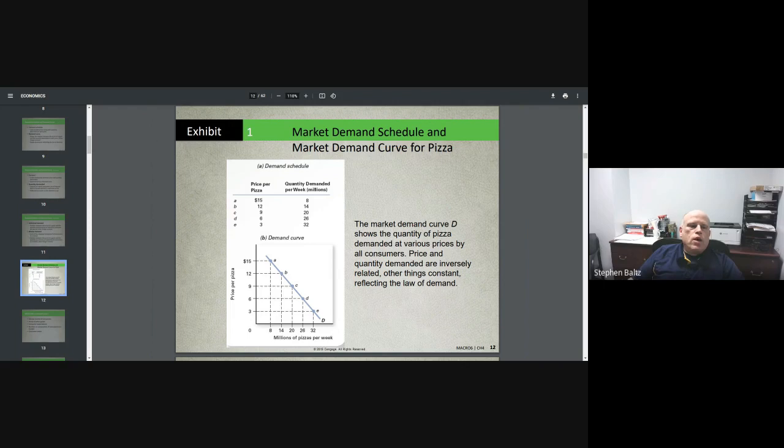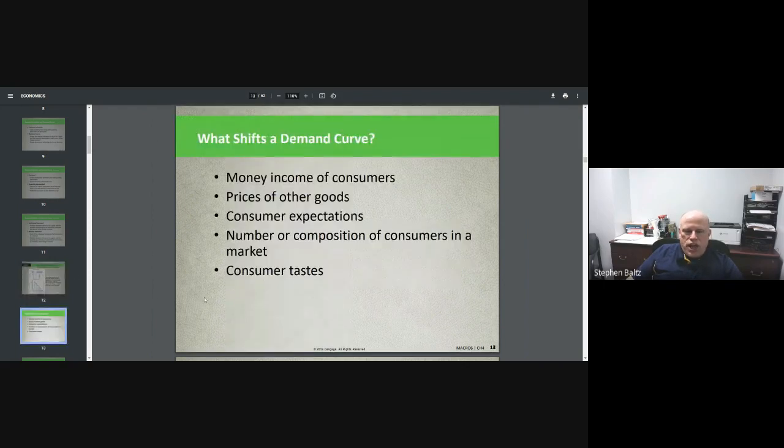Okay? Now, when we distinguish that from a change in demand, a change in demand is always going to be shown as a shift of the entire demand curve, either to the right or to the left. Okay, depending on whether the change in the variable that affects demand has a positive impact on demand or negative.